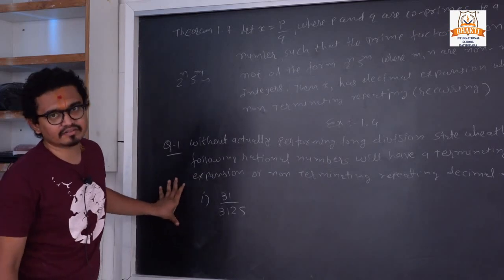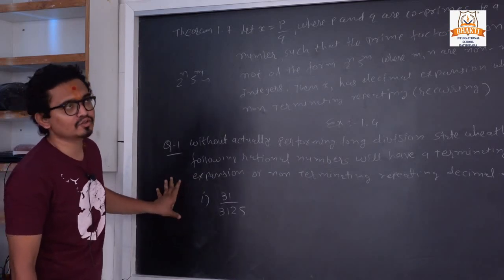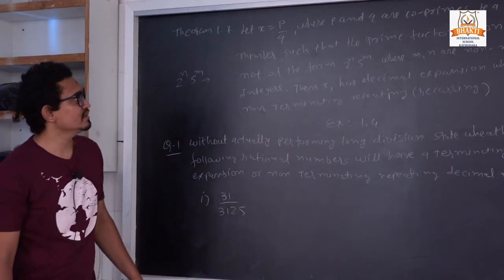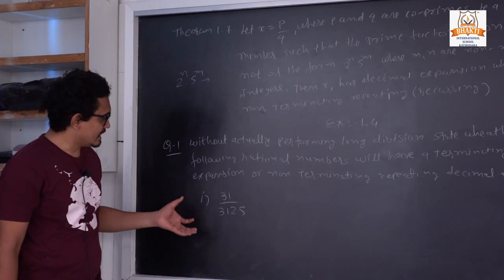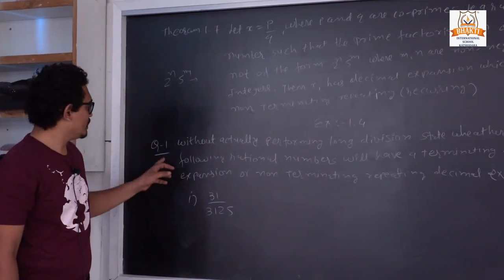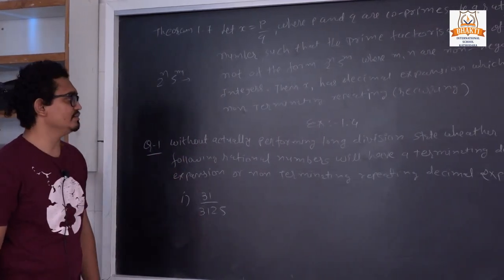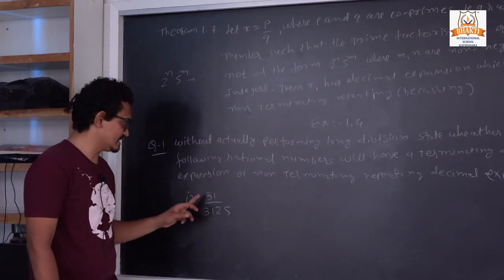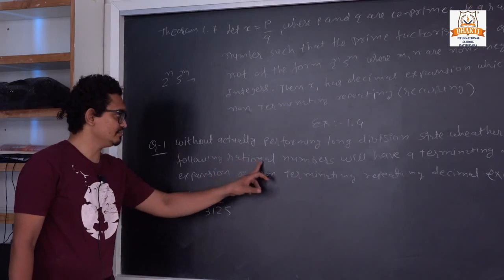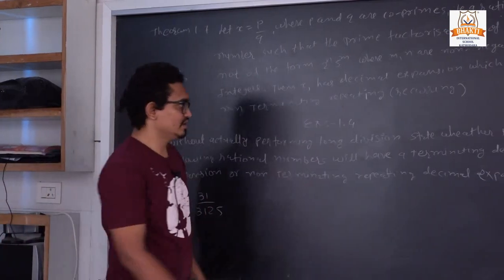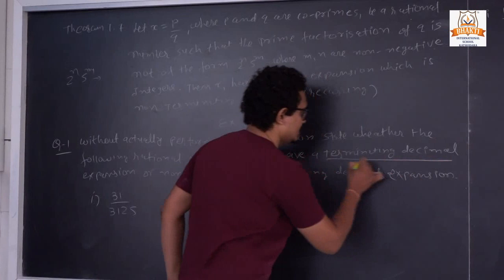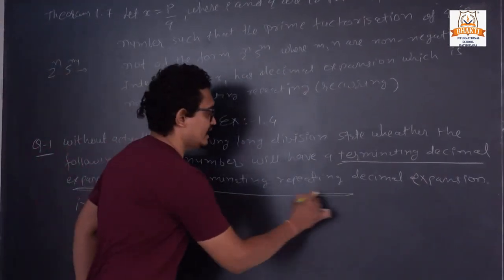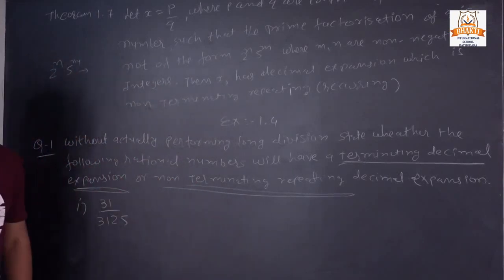For that we have question number 1. You need not remember all the theorems, because in the examination that theorem will be asked as a sum. So question number 1: without actually performing the long division, state whether the following rational number will have a terminating decimal expansion or a non-terminating decimal expansion.